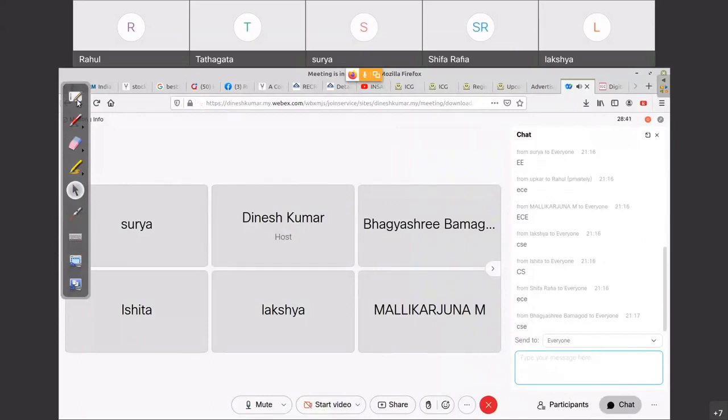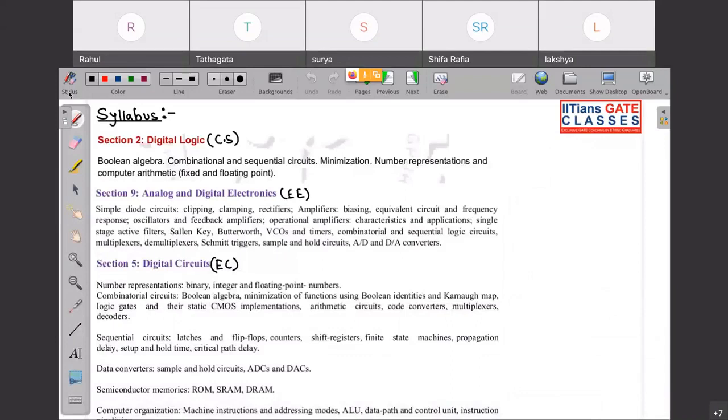Hopefully I am. I was telling: computer science, electrical, EC, and even instrumentation. As none of you are from instrumentation, I won't be sharing the syllabus for instrumentation. But you can see digital logic for CS, computer science. This is the smallest part. You have Boolean algebra, combinational and sequential.